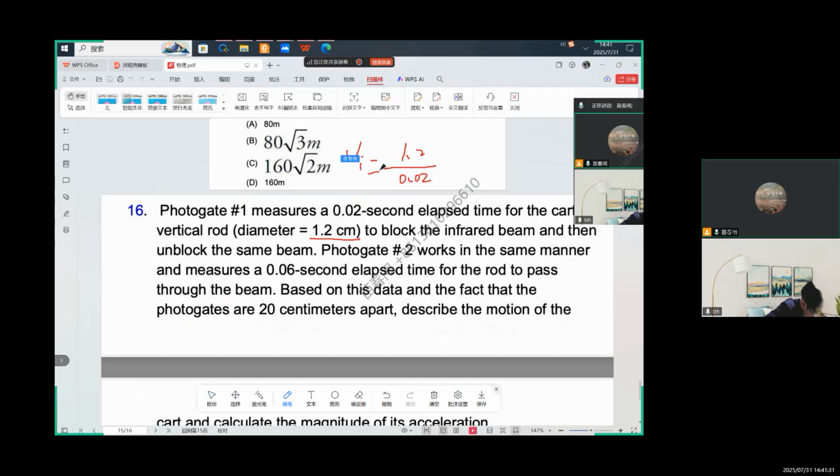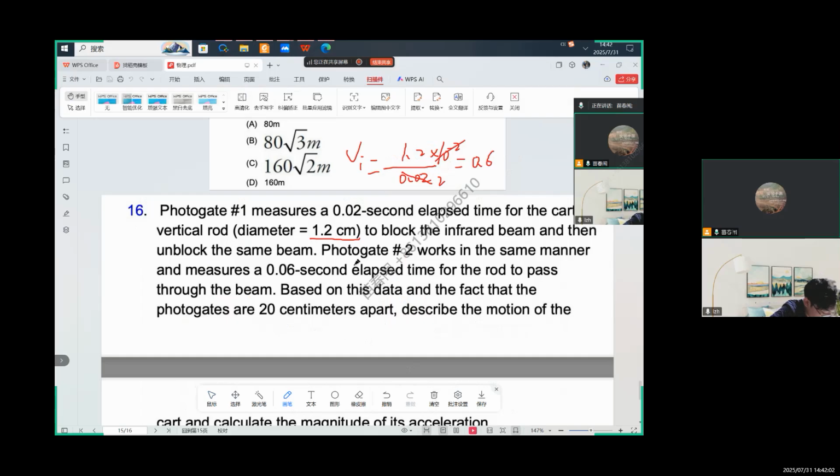It's always like a routine. 1.2, but I have to use meters, not centimeters, so this one is canceled. So it's 0.6. So the Photogate is what we use to find the instantaneous velocity, the velocity at that time in that very short time.